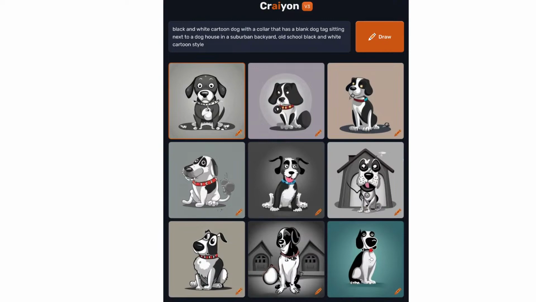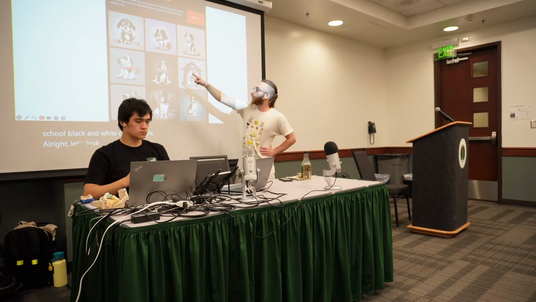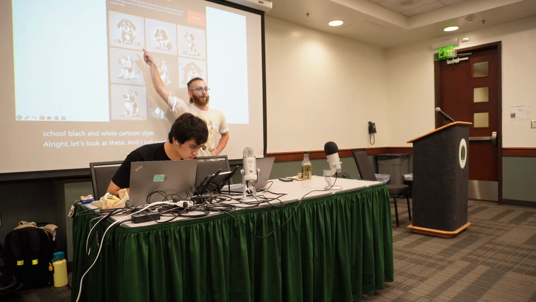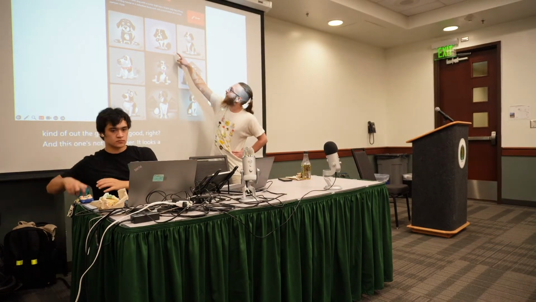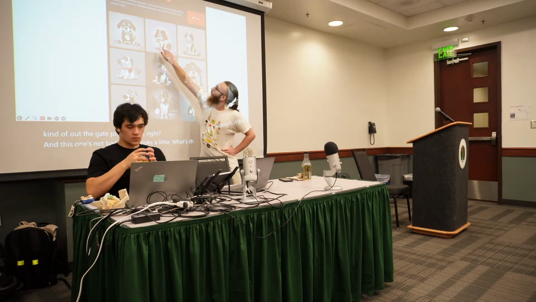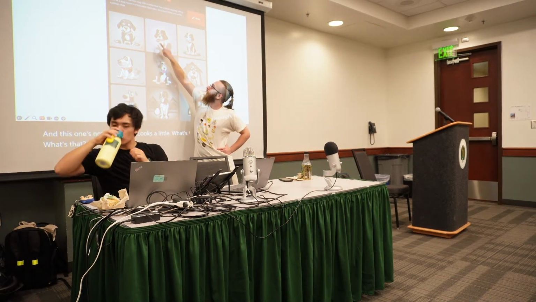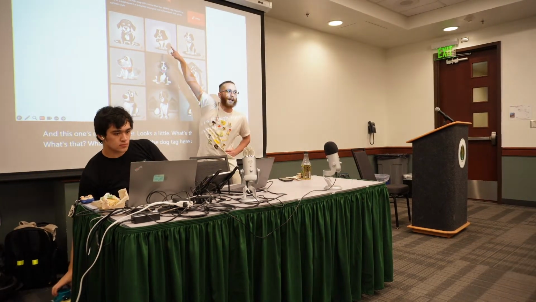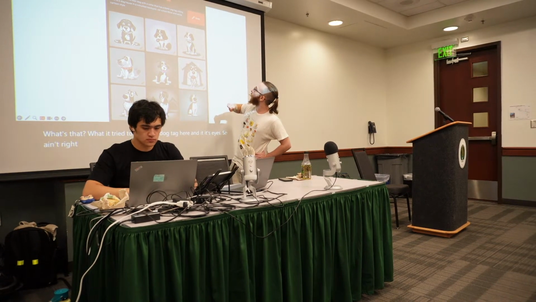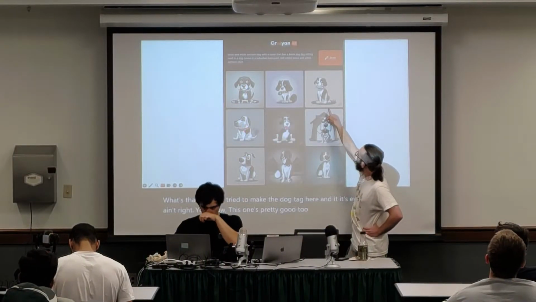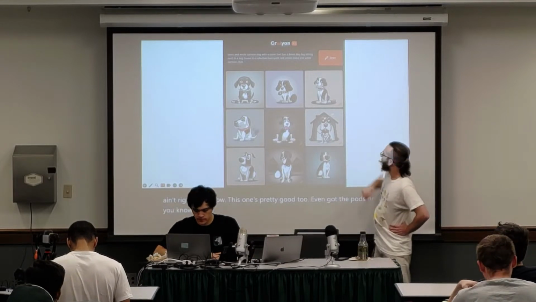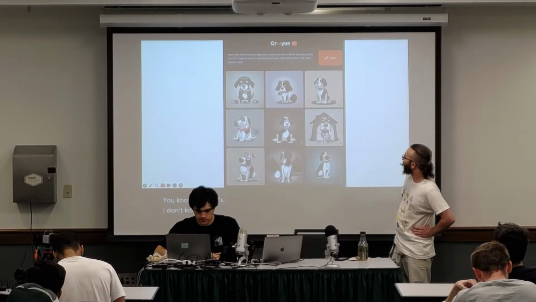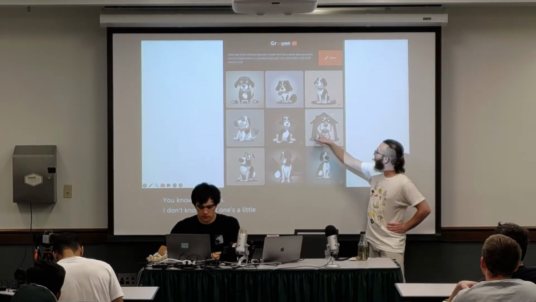All right, now let's look at these. I just went with this one because it was pretty good right out the gate. And this one's not bad either. Looks a little, what's this though? It tried to make the dog tag here, and its eyes. Something ain't right. This one's pretty good too. It even got the paws down. This one, I don't know. That one's a little, like, what's this?